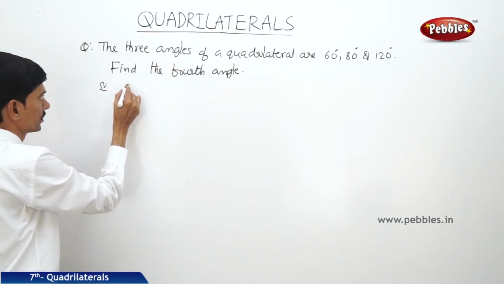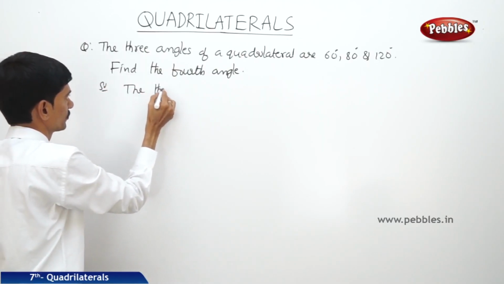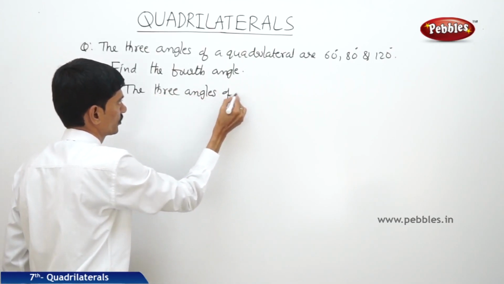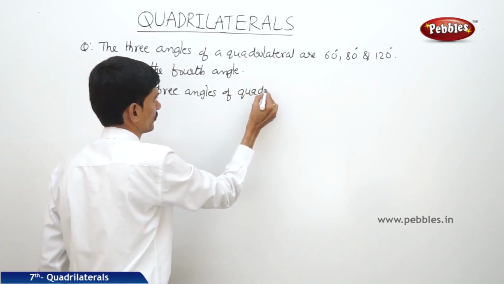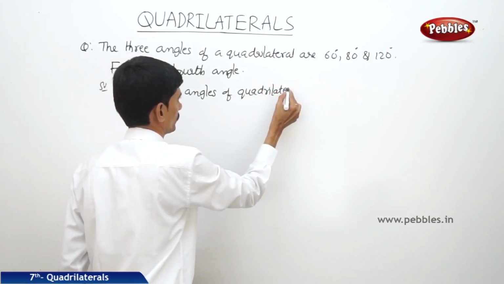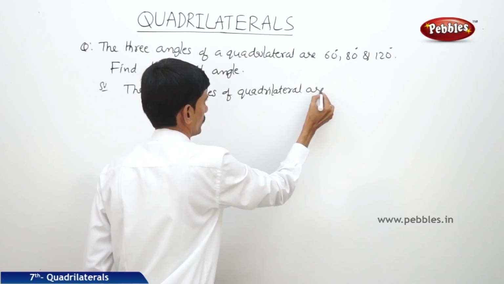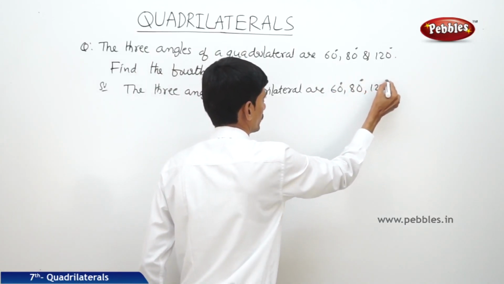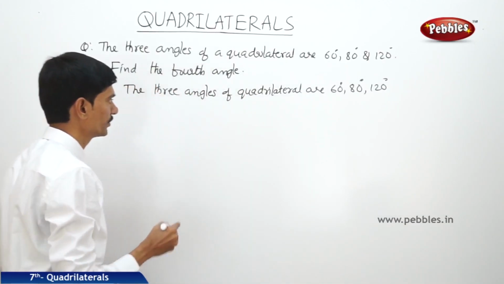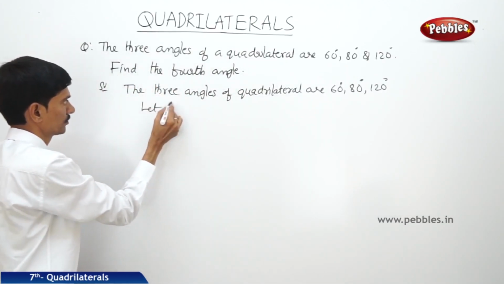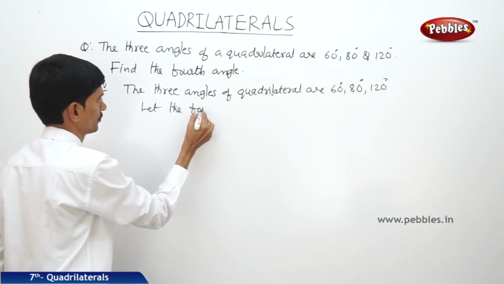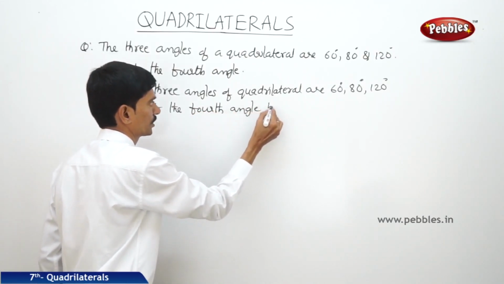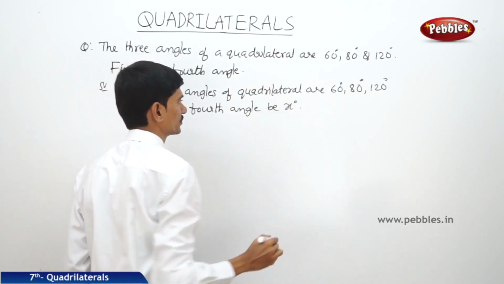So let the three angles of the quadrilateral be 60 degrees, 80 degrees, 120 degrees. Let the fourth angle be x degrees.